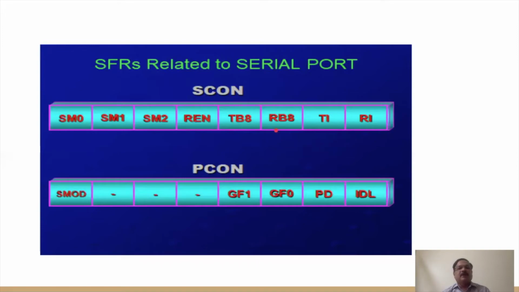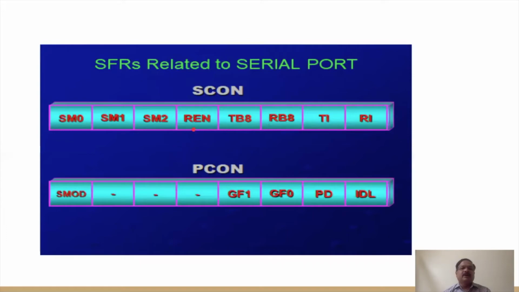Now RB8 and TB8 are the 9th bit in mode 2 and 3 of the serial communication. During reception, whenever the 9th bit comes, that will be in RB8. However, during transmission, it is transmitted through TB8, the 9th bit. We know that can be used for parity check, etc.